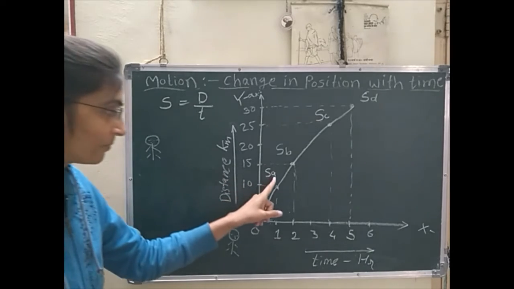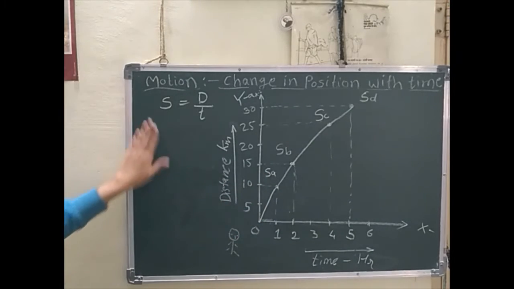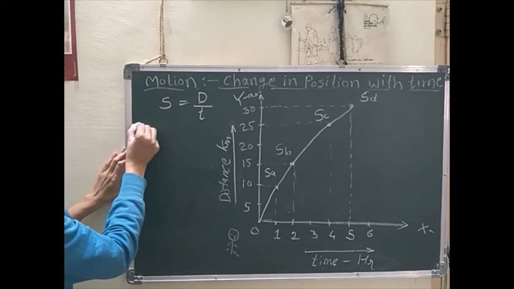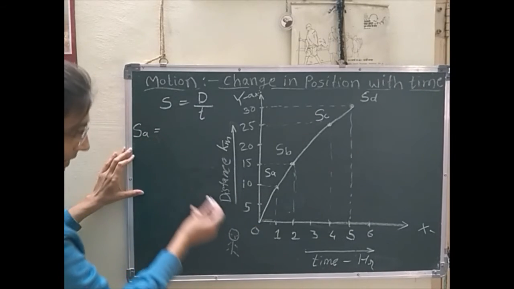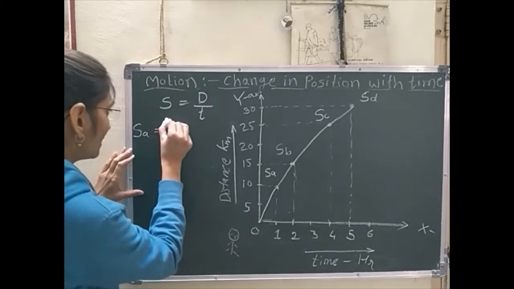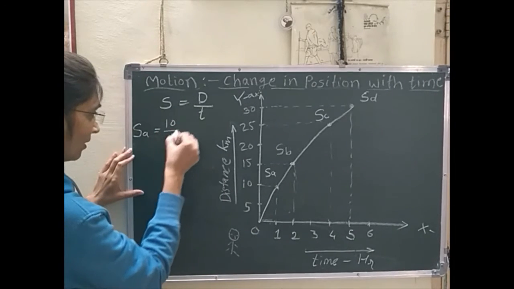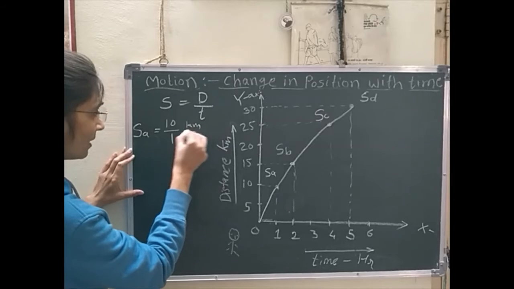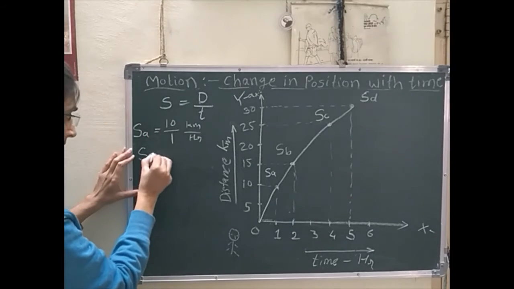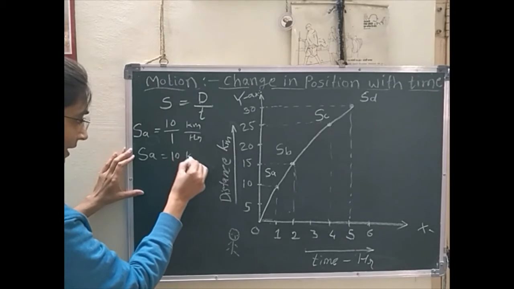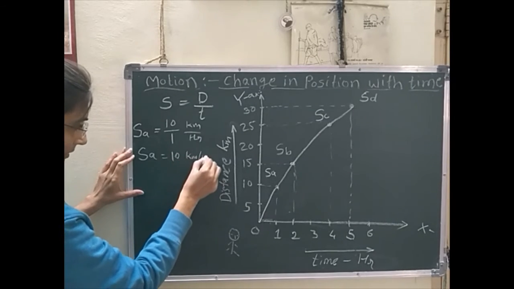Yes, so for point A, what is the speed? Speed is distance upon time. What is the distance traveled? 10 kilometer in 1 hour. Yes, the speed will be 10 kilometer per hour.